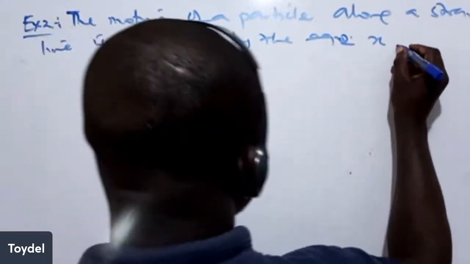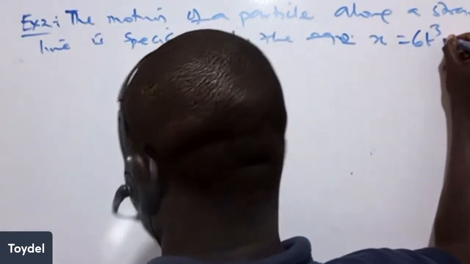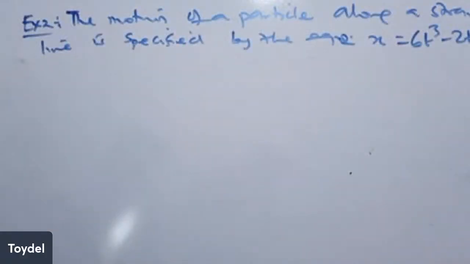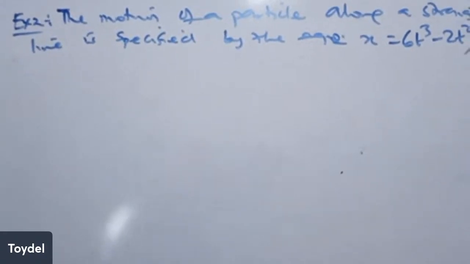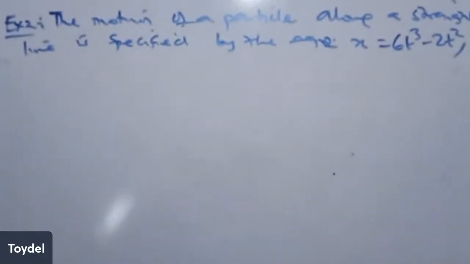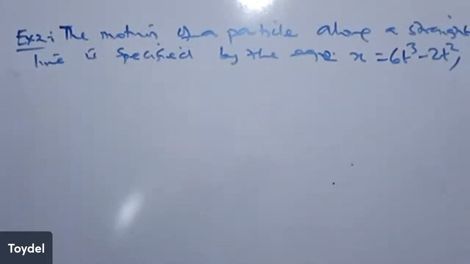x is equal to 6t cubed minus 2t squared. The motion of a particle along a straight line is specified as x equals 6t cubed minus 2t squared.